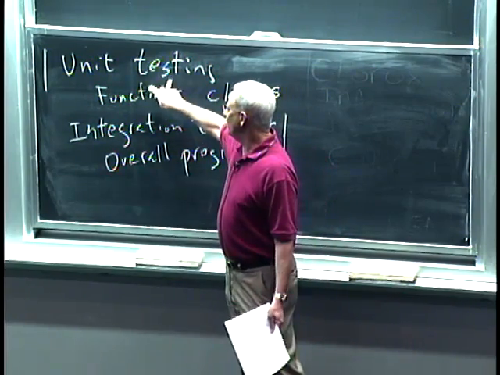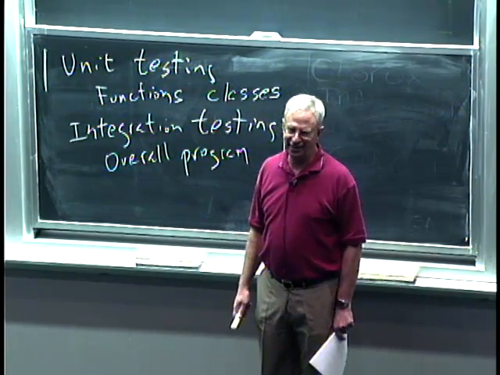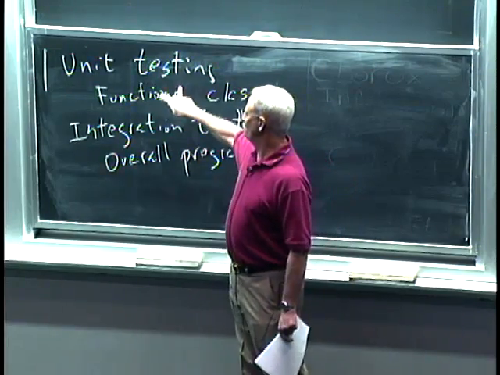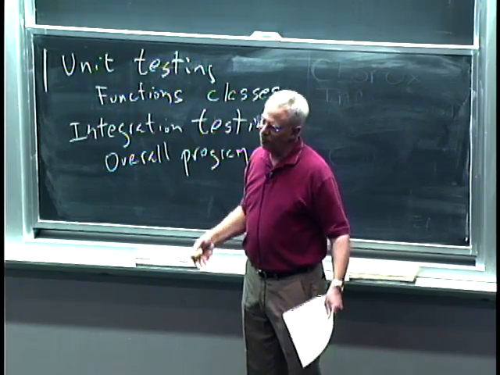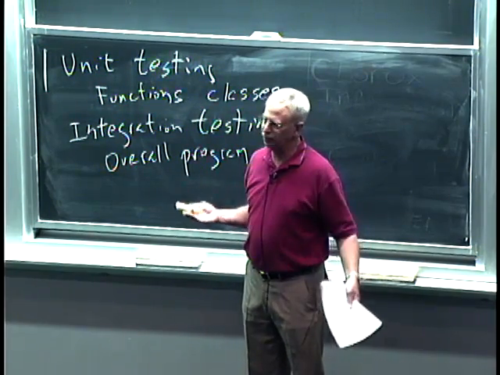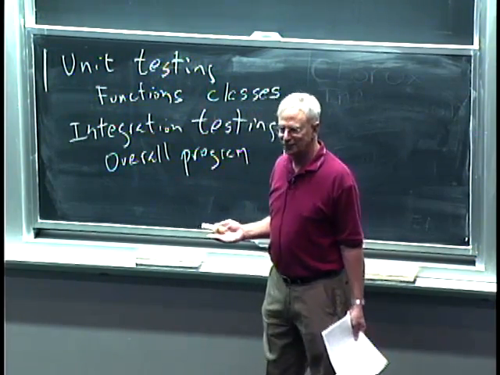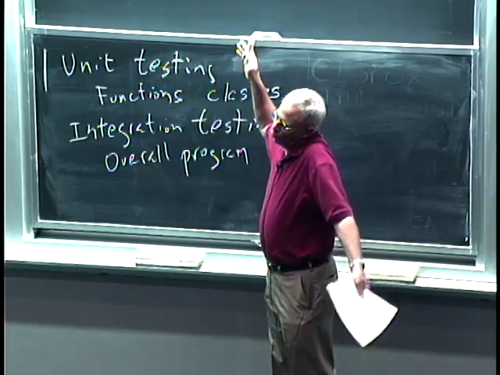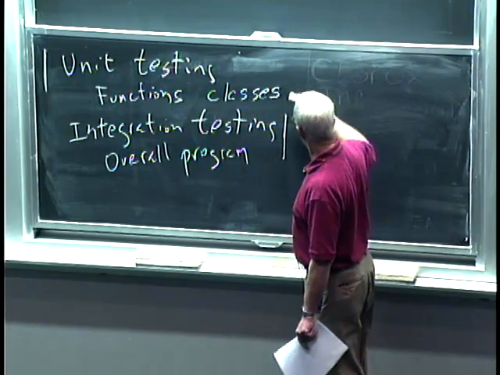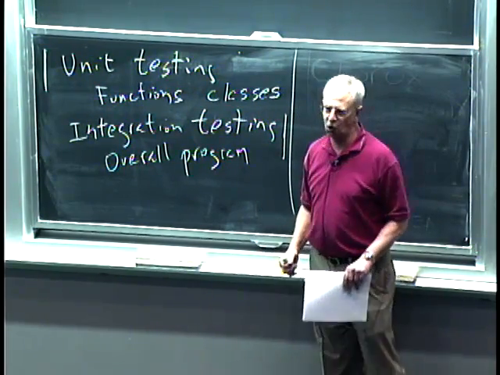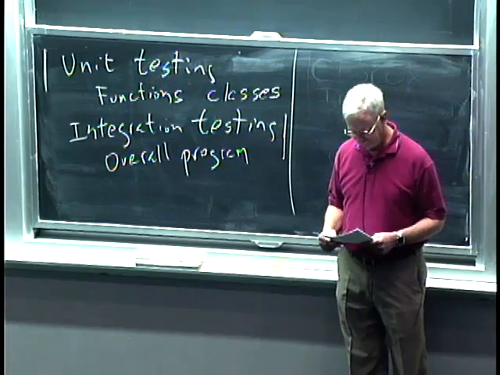And that's because it's easier to test small things than big things, and it's easier to debug small things than big things. Eventually, if it's a big program, I run it. It never works the first time if it's a big program. And I end up going back and doing unit testing anyway to try and figure out why it doesn't work. So over the years, I've just convinced myself I might as well start where I'm going to end up.